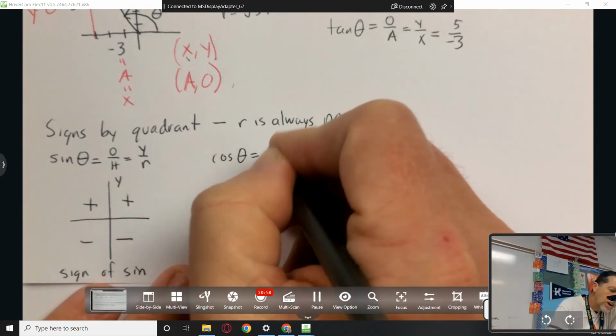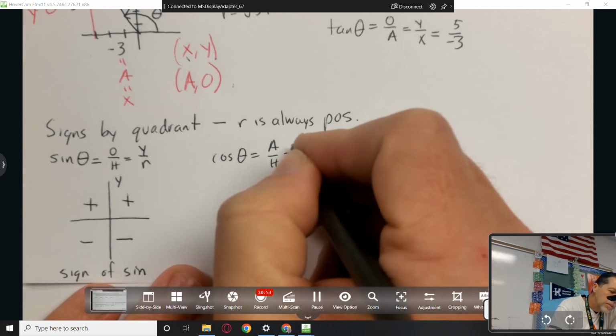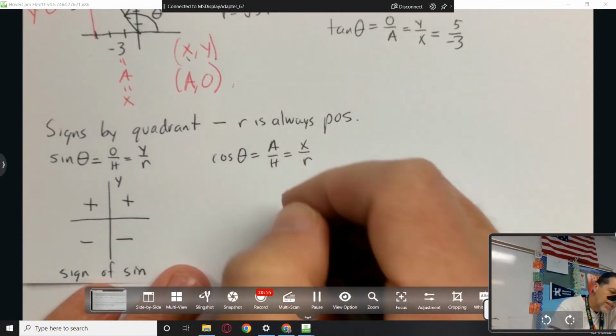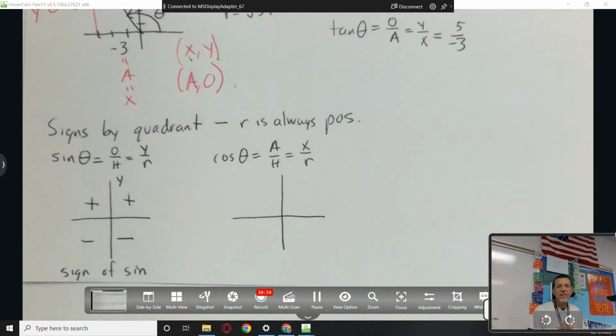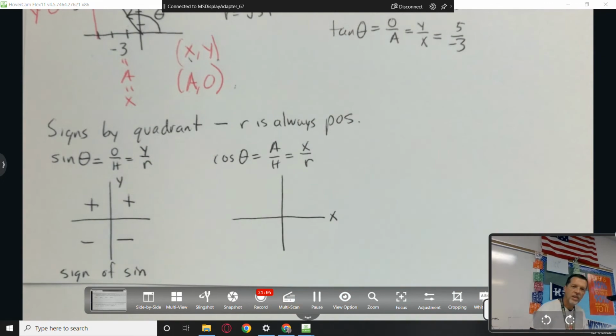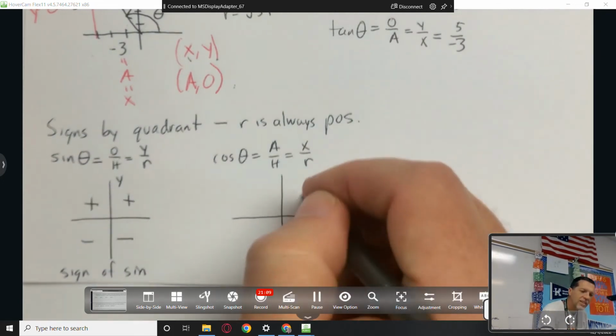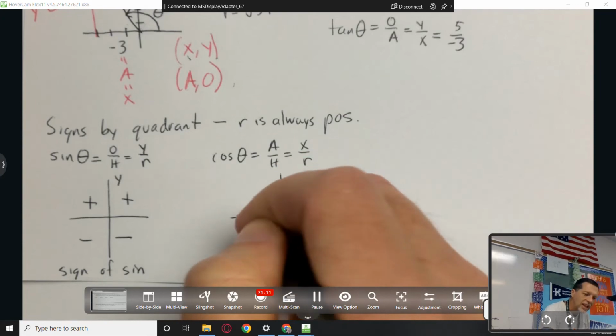Cosine, so cos, but a goes with x. So cosine is sort of an x thing. So where is cosine positive? If cosine is an x thing, it's positive on the right and negative on the left.